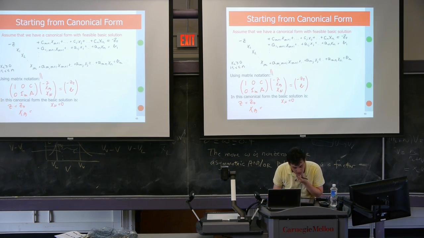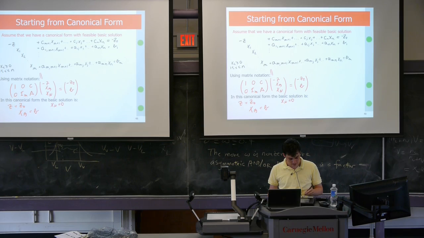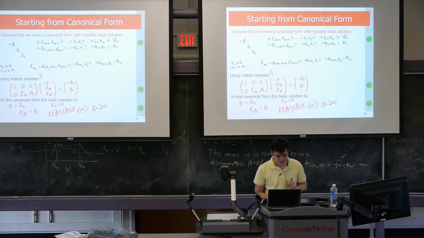So then what will be the value of xb? B, exactly. Right? So that's what we know. And again, this is feasible if and only if B is non-negative.